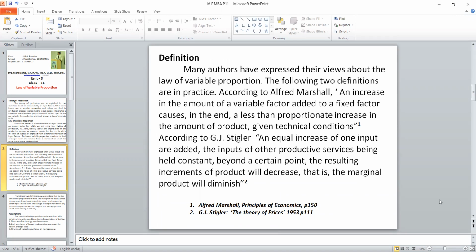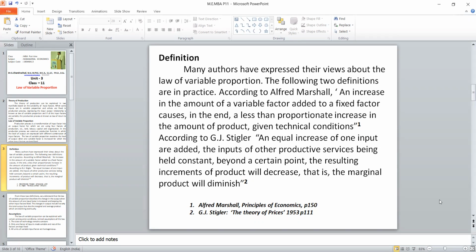According to Alfred Marshall, an increase in the amount of variable factor added to the fixed factor, that is, there are n number of fixed factors, only one variable factor we keep on adding, causes what will happen in the end, that is in the end of the production process, a less proportionate increase in the amount of product with a given technical condition. There will be an increase in production. Initially it will be an increasing rate and decreasing rate. Finally it will be a less proportionate increase. That says the law of variable proportion.